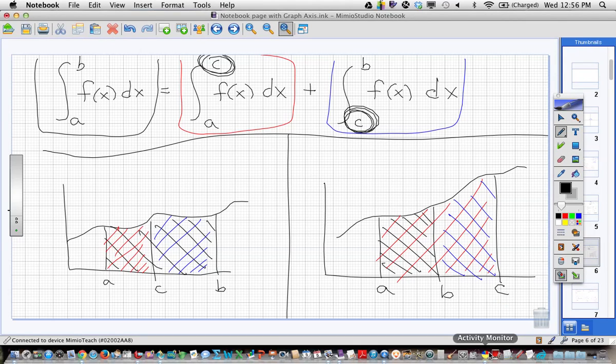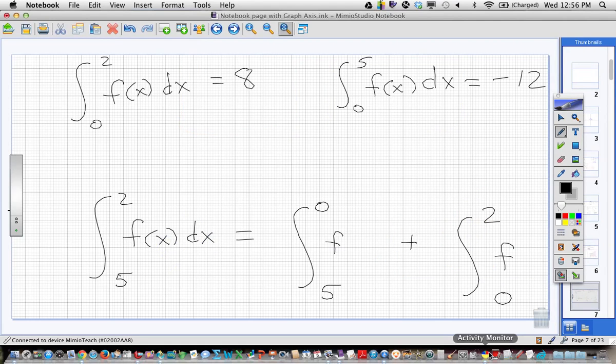Here's the 5, here's the 2, and here I put, in this case, a 0. So now what's the integral from 5 to 0? That'd be the opposite of this one, right? Because 0 to 5 is negative 12, so 5 to 0 is opposite, so that's 12. What's the integral from 0 to 2? 8. 12 plus 8? 20.